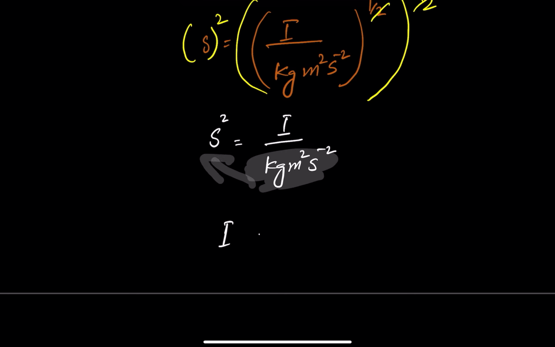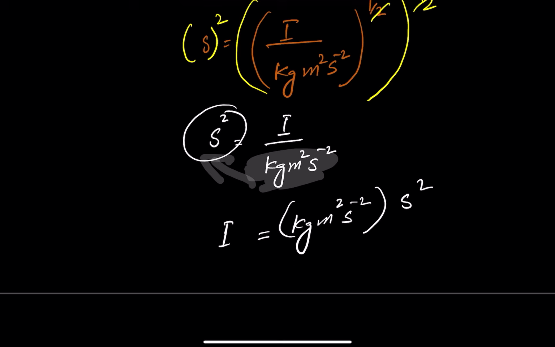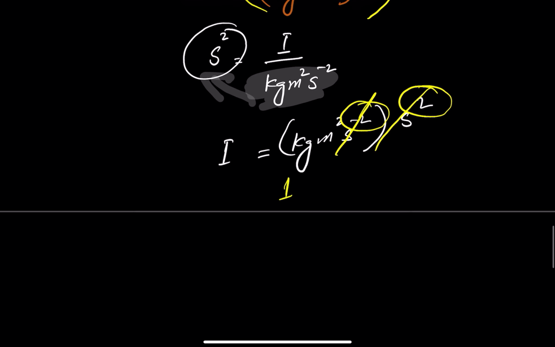So I will be equal to kg meter square per second square, and this s^2 is already there. So if you see, this power is plus 2, this is minus 2, so that will cancel out. So I can be written as kg m^2, right? So these are the units of I, the unknown.